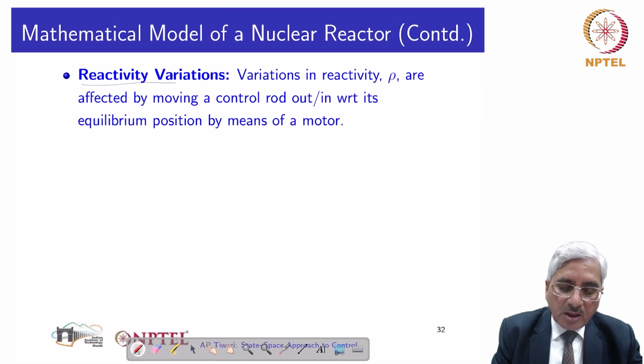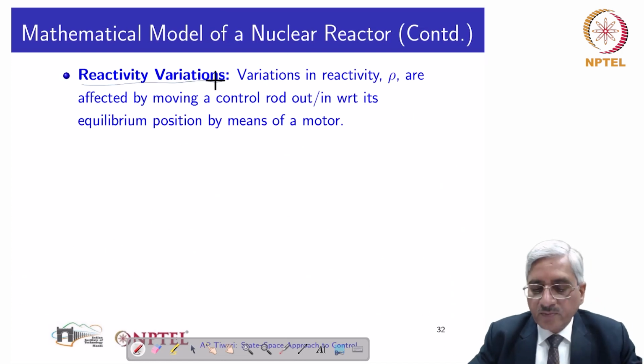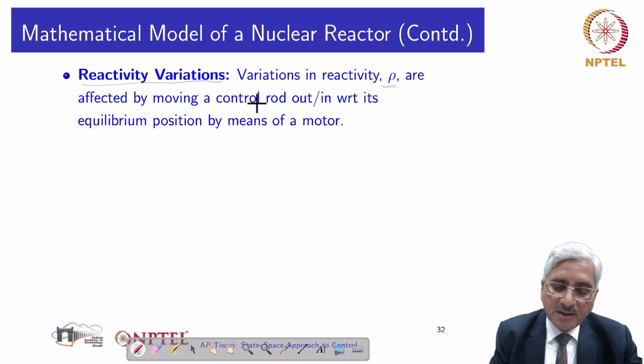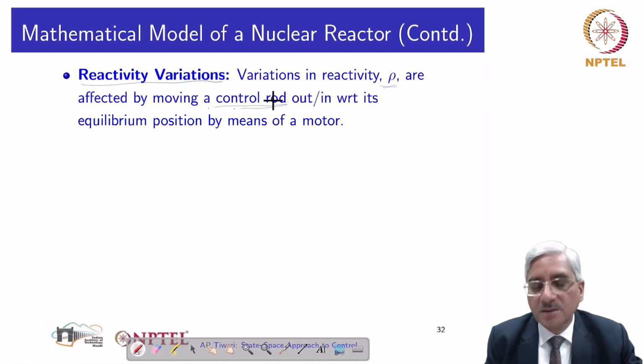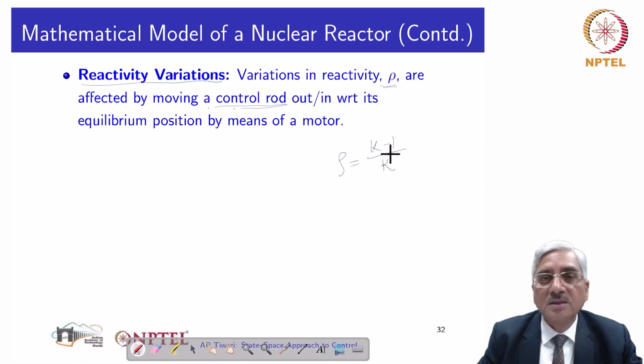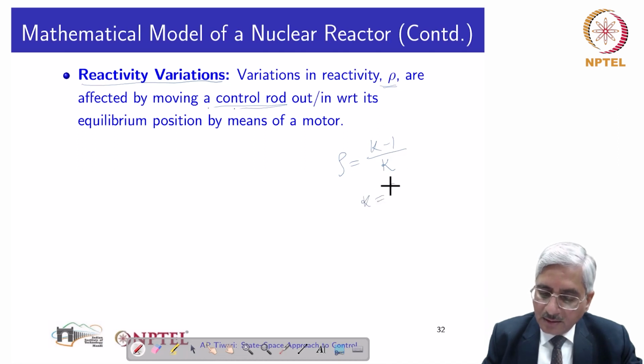Now we need to model the reactivity variations. The variation in reactivity rho is affected through a control rod. Now if you see the expression for rho, it is k minus 1 by k. Please recall, it was there in the lecture a little while back. And k in that is nu sigma f by sigma a.